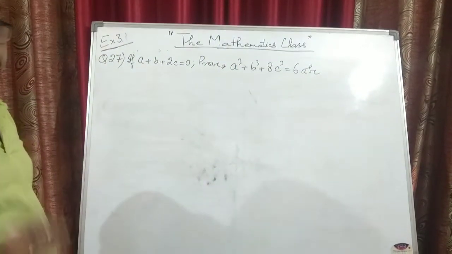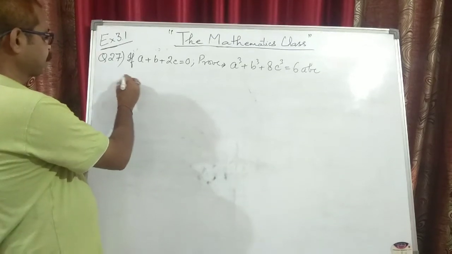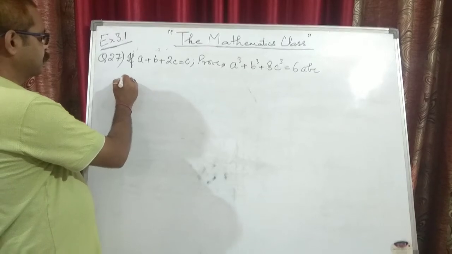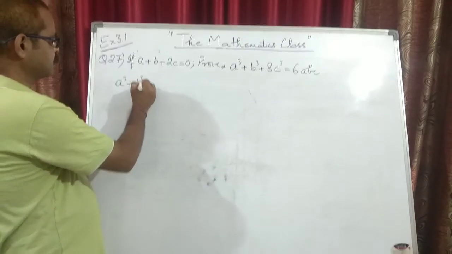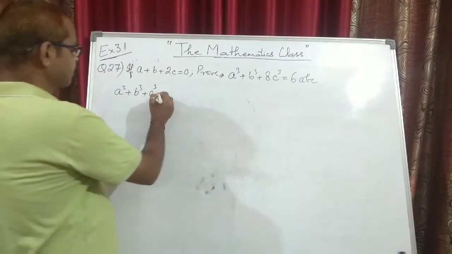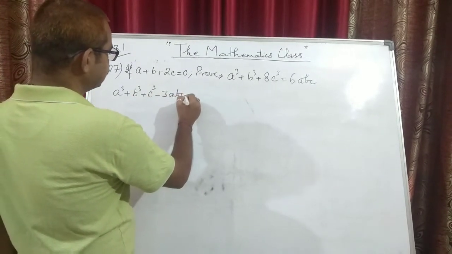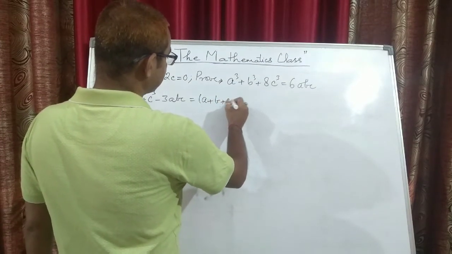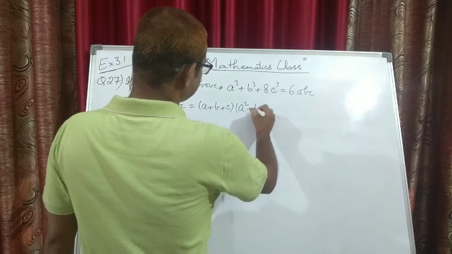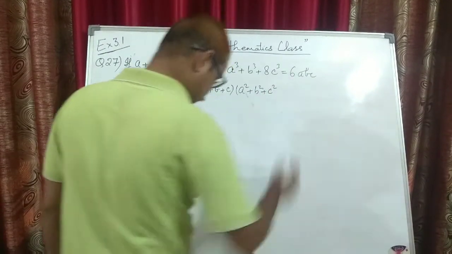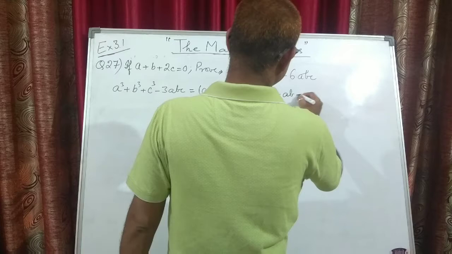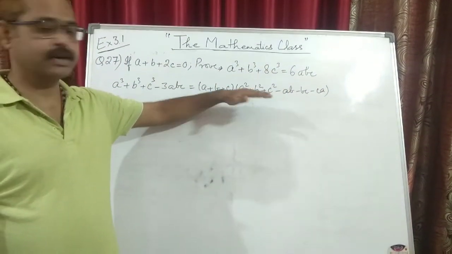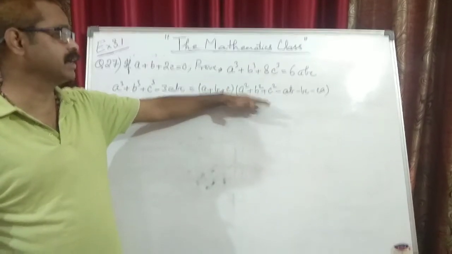The identity you have studied in the previous classes, that a cube plus b cube plus c cube minus 3abc is equal to a plus b plus c, a square plus b square plus c square minus ab minus bc minus ca.